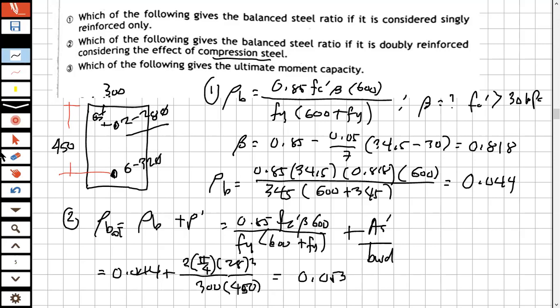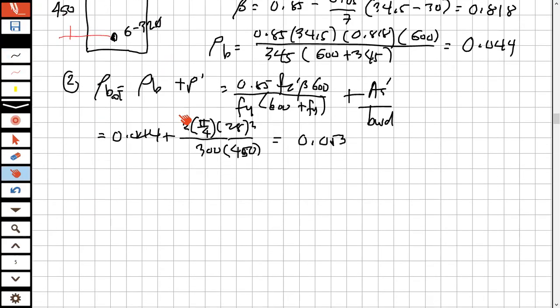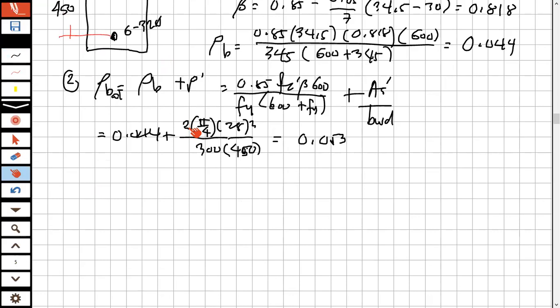Now number 3, compute for the ultimate moment capacity. Ito na yung magko-compute kayo ng M1 at saka magko-compute kayo ng M2. So here, dapat ma-calculate natin yung... Ito yan, ano?